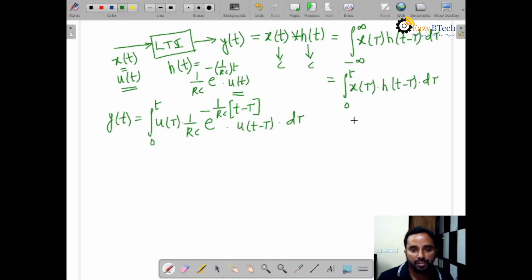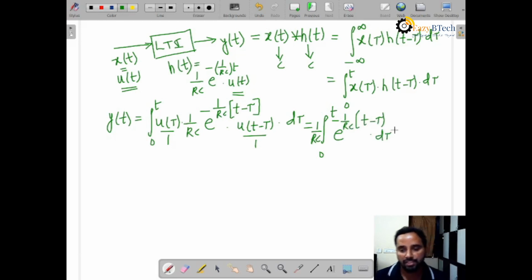So these two we substituted. First one is x of tau, second one is h of t minus tau. So here u of tau for 0 to t is 1 and u of t minus tau is also 1. These values are 1. Therefore this integral is from 0 to t, 1 by RC we can write outside, and e to the power minus 1 by RC t minus tau d tau.